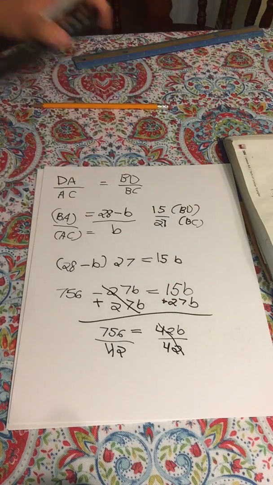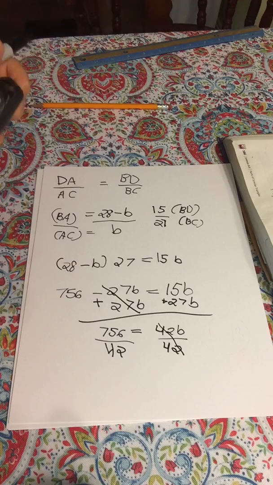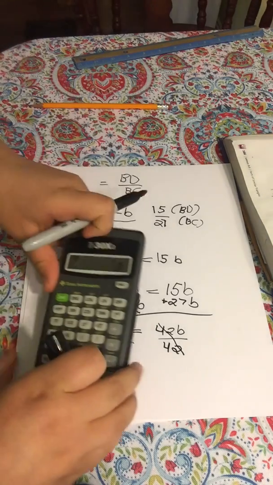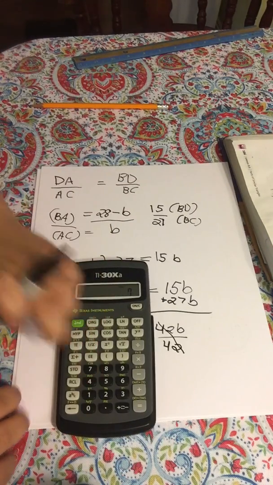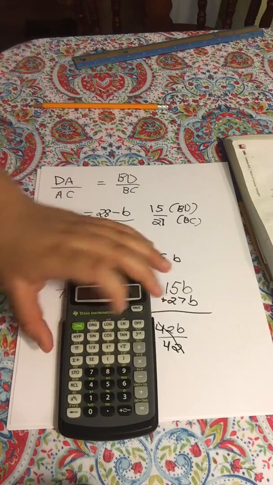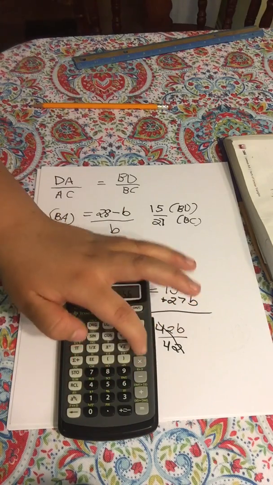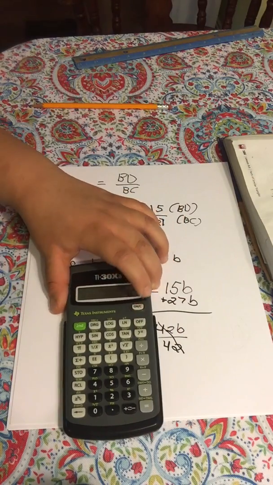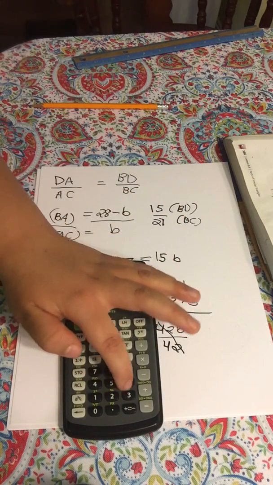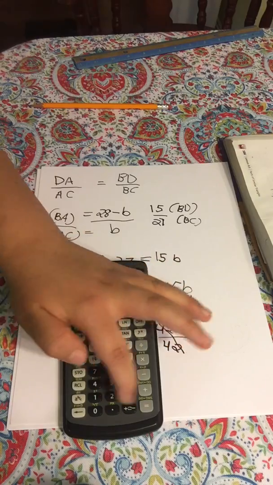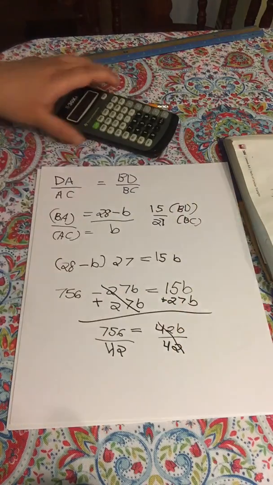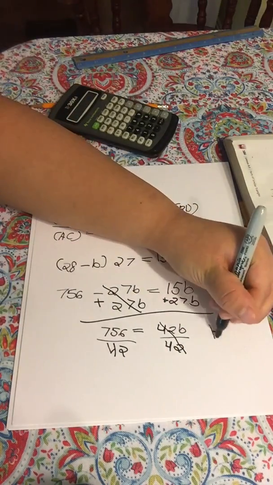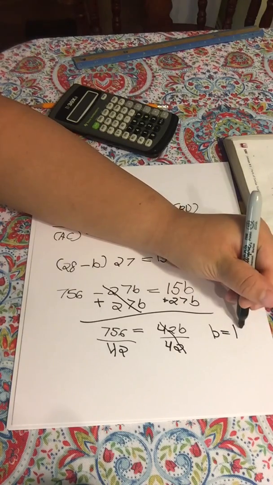But now we have to find what 756 divided by 42 is. Sorry about that. 756 divided by 42 is equal to 18. So, in that case, b is equal to 18.